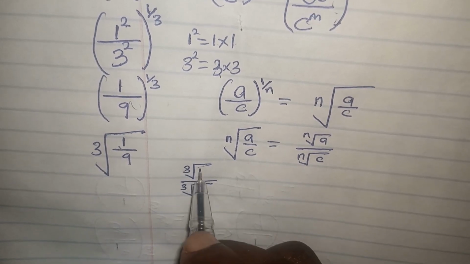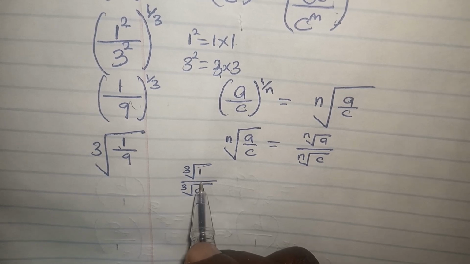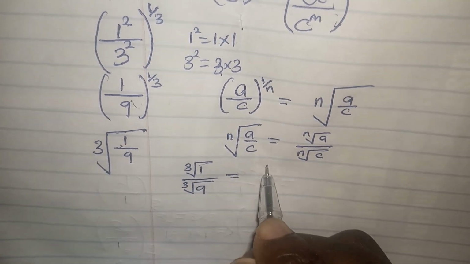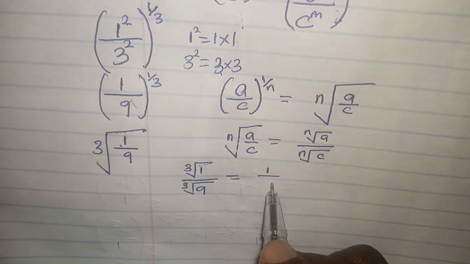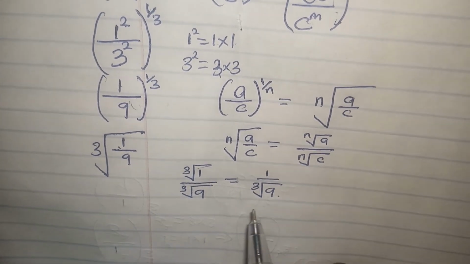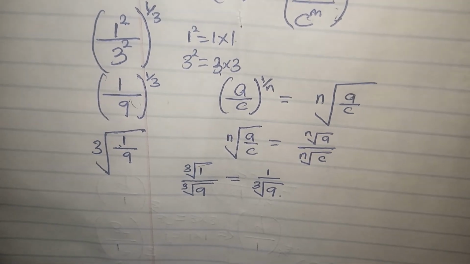And guess what? The cube root of 1 gives us 1. So we can write this to be 1 over the cube root of 9. So this is what we are now having.